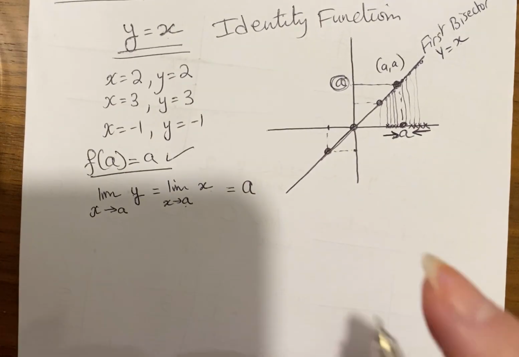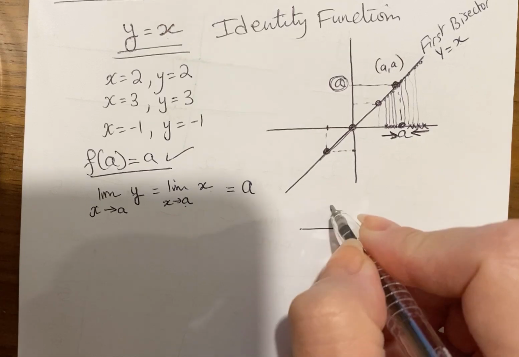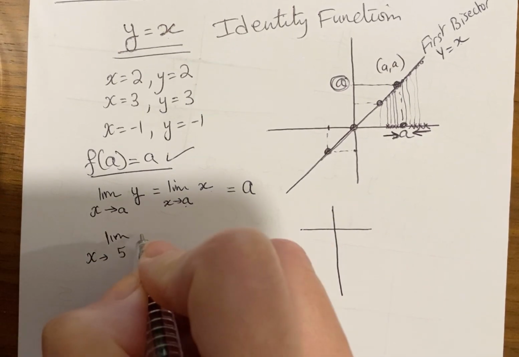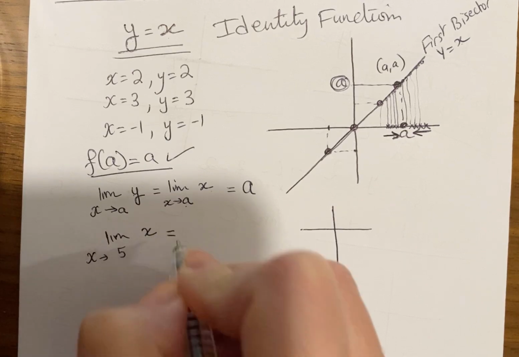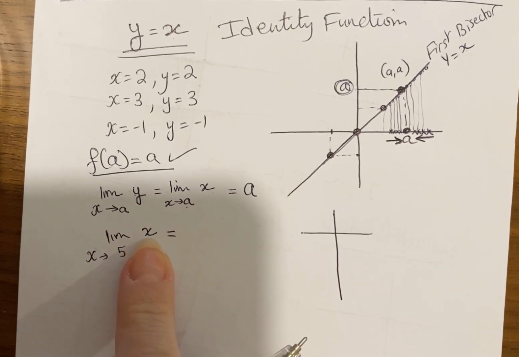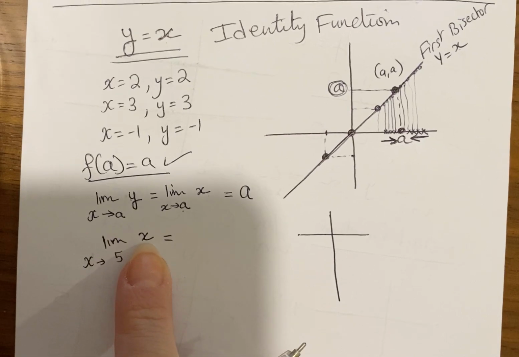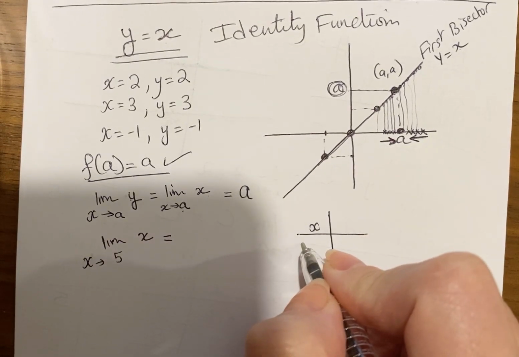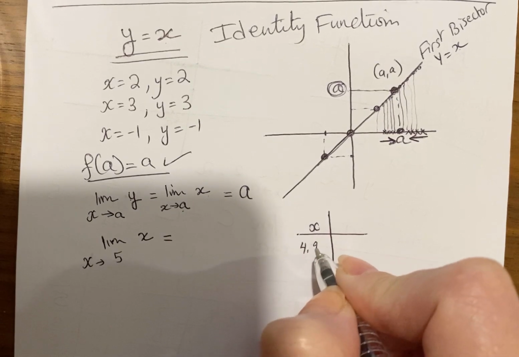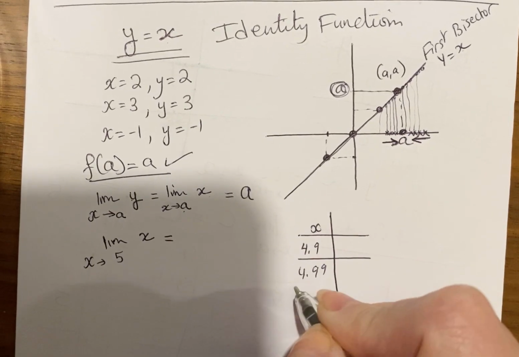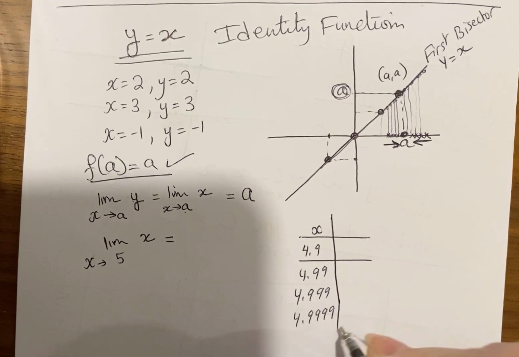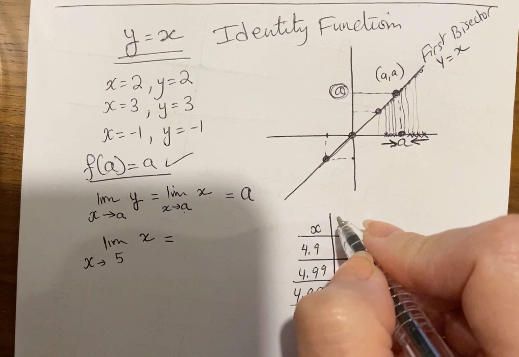In other words, if we use tables, let's look at the limit as x approaches 5 of the function y equals x. What's the function? The function is y equals x. You choose values that are smaller than 5 approaching 5, like 4.9, 4.99, and you substitute them in the function.